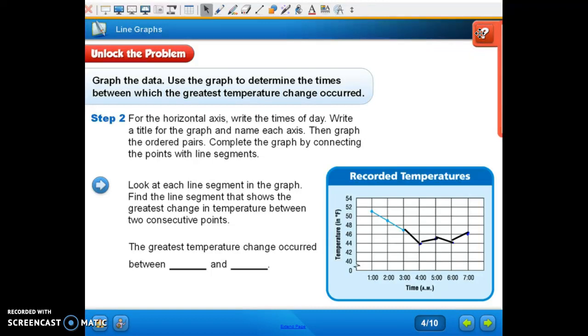So at what point, what hour to hour did it change the most? Between what 2 hours? Anybody? Well, it went up 2 degrees. 3 and 4. Between 3 and 4, it went from what? 47 to 44. And how many degree changes is that? 3. 47 minus 44 would be 3. So between 3 a.m. and 4 a.m.